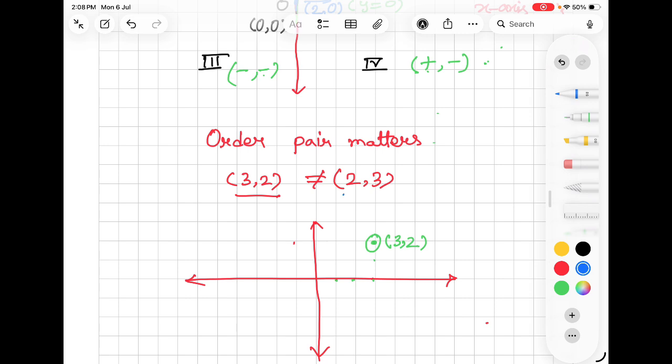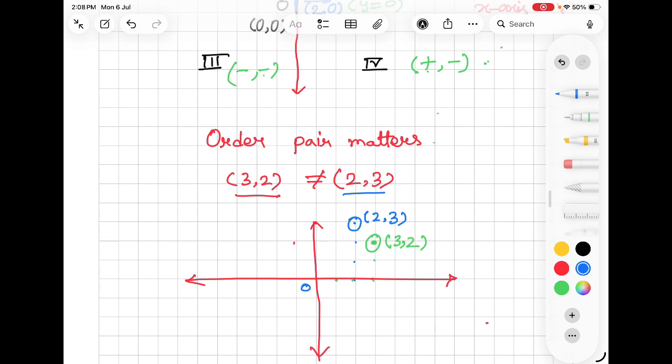Let's plot this point (2, 3), whose x coordinate is 2 and y coordinate is 3. The x coordinate 2 means right side of the origin, 2 points here, and 3 is the y coordinate, that means go up 3 points, 1, 2, 3. So this is the point whose coordinates are (2, 3).